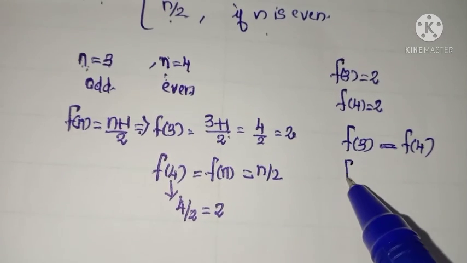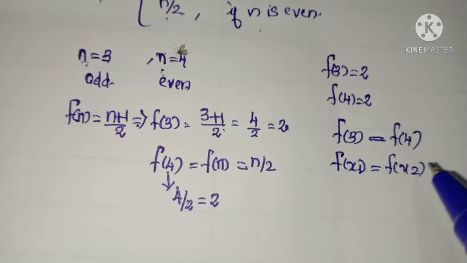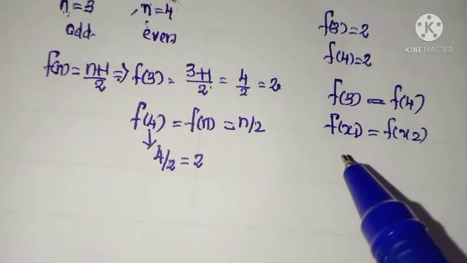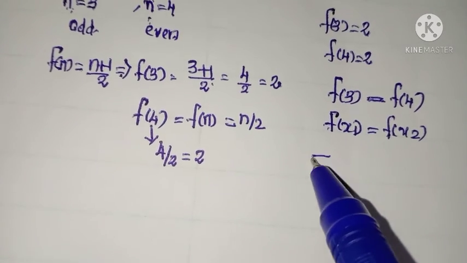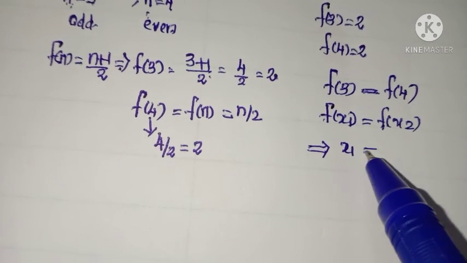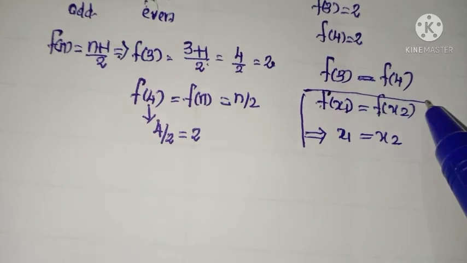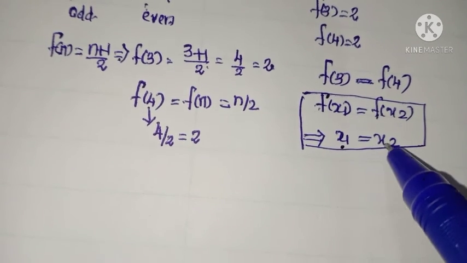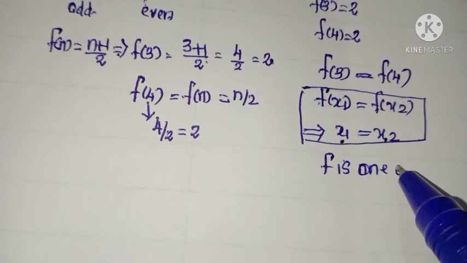So it is of the form f of x1 equal to f of x2. If f is 1-1, then we can say that x1 equal to x2. If f of x1 equal to f of x2 implies x1 equal to x2, then we can say that f is 1-1.